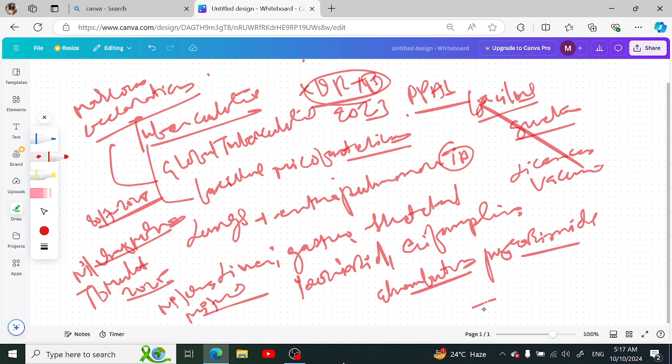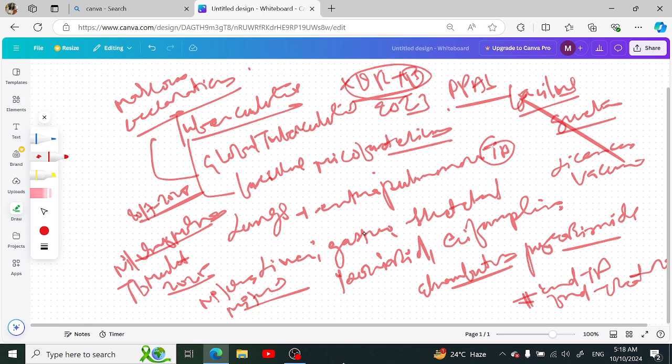So that is tuberculosis, including MDR-TB and XDR-TB. Okay, so this is all about the health related issues.